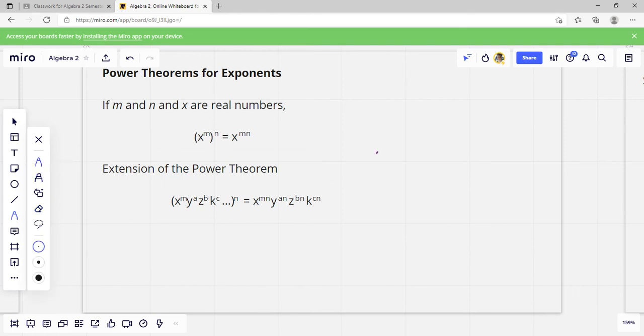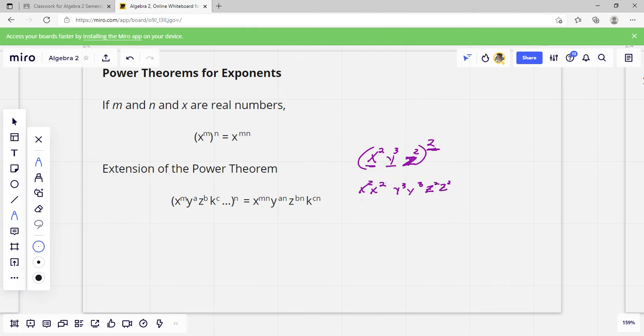What if I have x squared, y to the third, z squared, and I'm going to do all of this squared. So what this really means is I have x squared and another x squared, right? Then I have y to the third squared, so I'm going to have y to the third and another y to the third. Then I'm going to have z squared and another z squared.